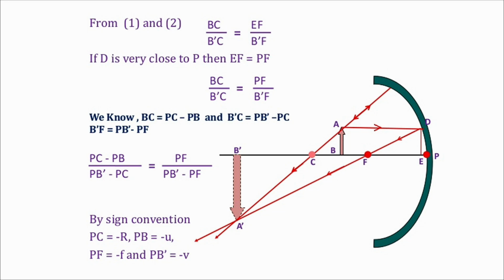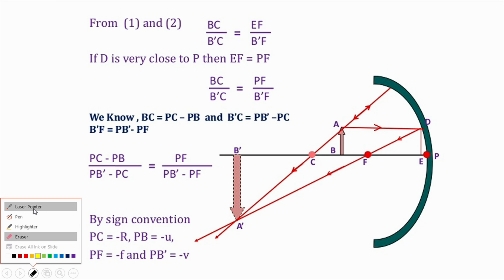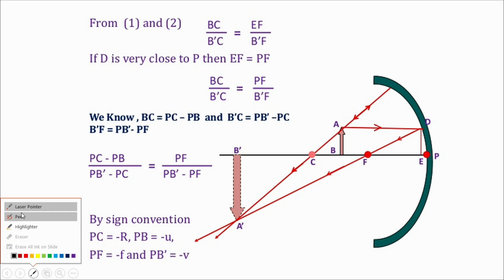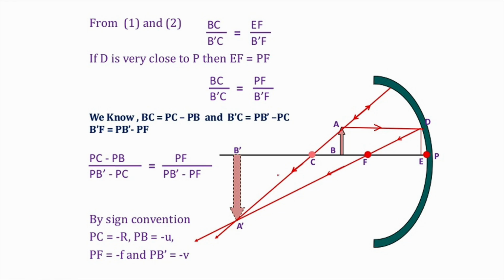Substitute these values in the above equation. It becomes PC minus PB divided by PB dash minus PC equal to PF divided by PB dash minus PF. Now see the diagram. I will show that one. PC means this one.